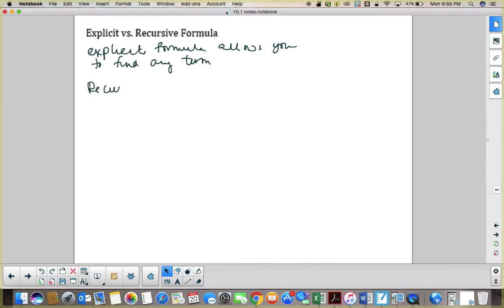Recursive allows you to find a term only if the previous is given.